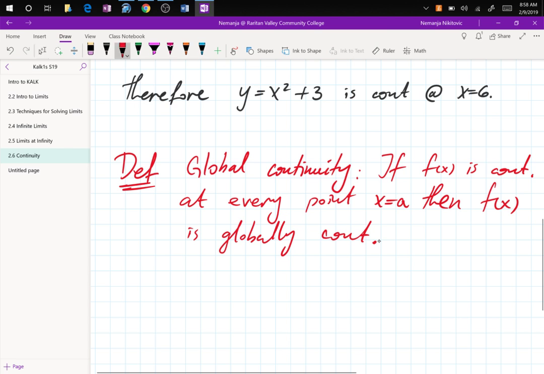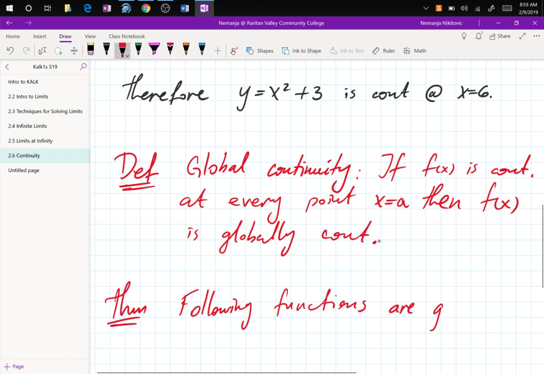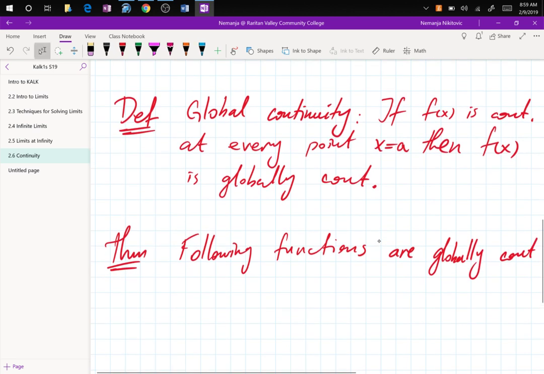So, the theorem says the following functions are globally continuous, and now we go and just write the list.